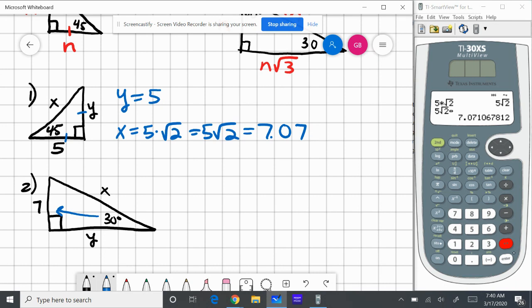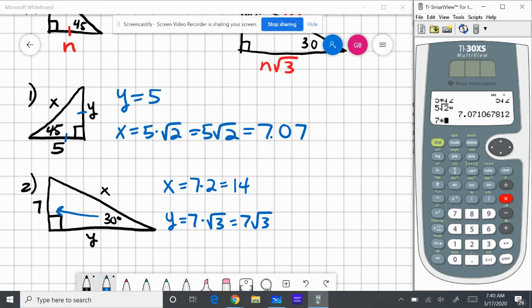So to find the hypotenuse, x, you take the small leg and you multiply that by 2 to get 14. To get the long leg, y, you multiply 7 times the square root of 3, which is simply 7 square root 3. And we're going to use your calculator to find what is 7 square root of 3 in decimal form. That is 12.12.